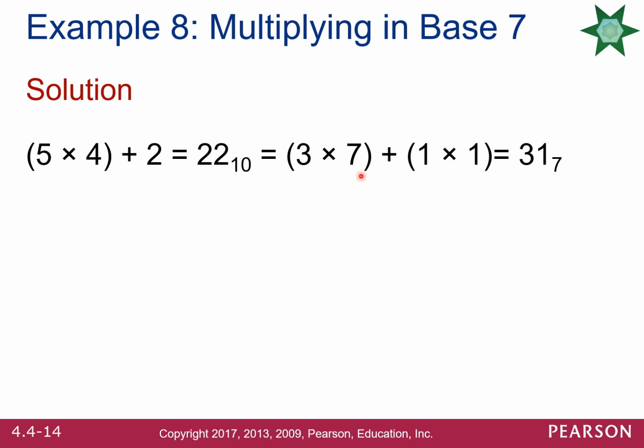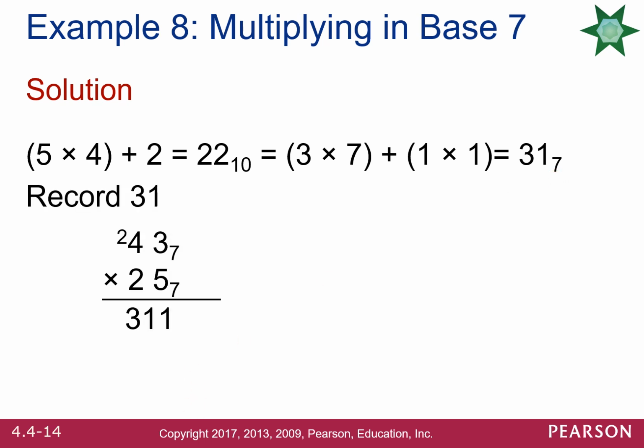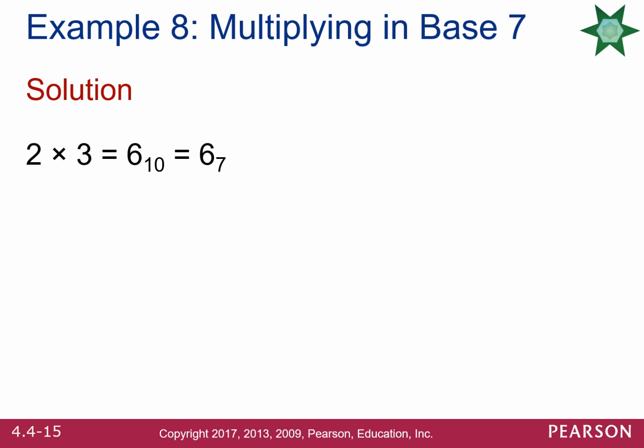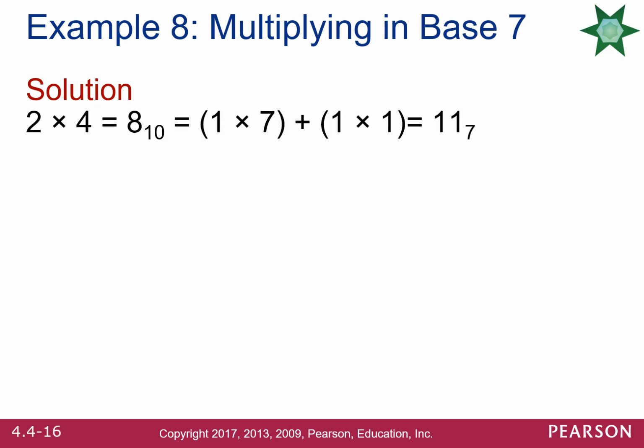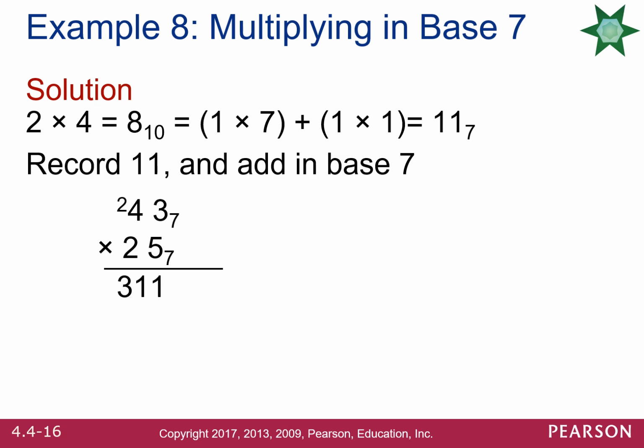They extracted 3 times 7 and 1, so 31 base 7, and then record the 31, and then finally it was 1501. 1501 base 7 is the same as what we got.